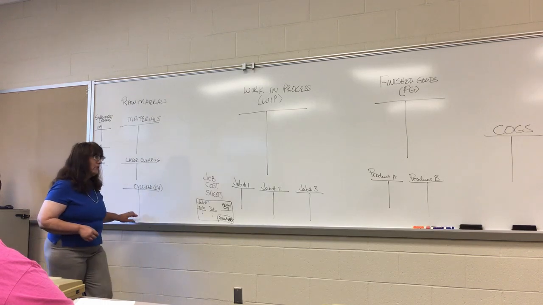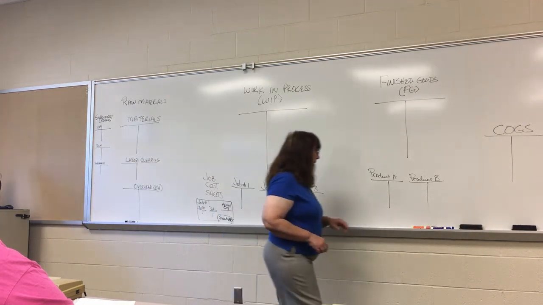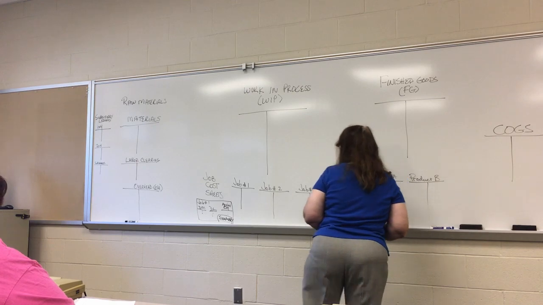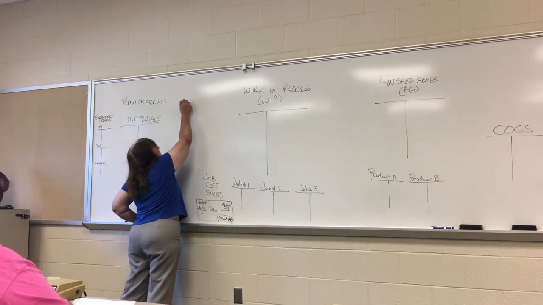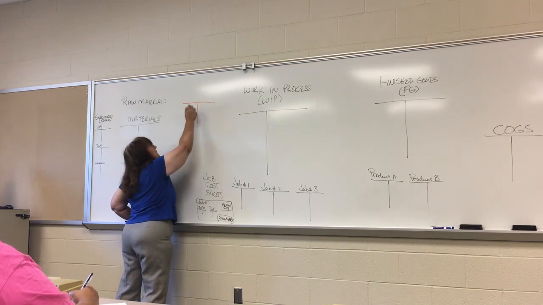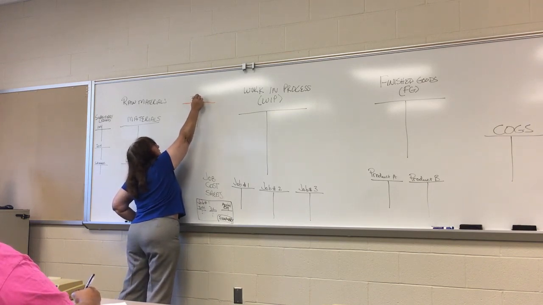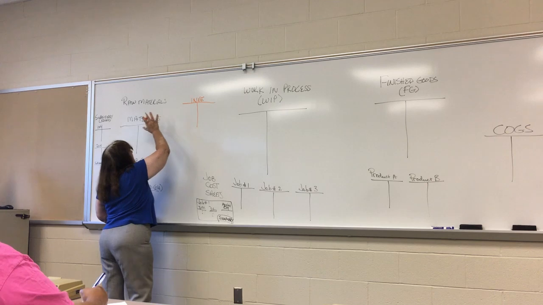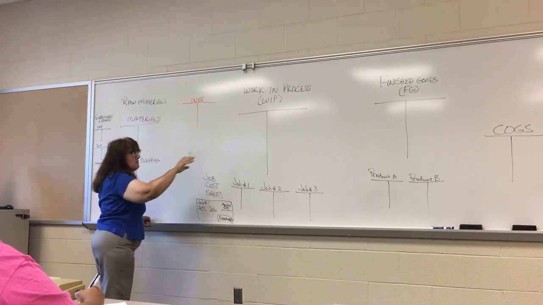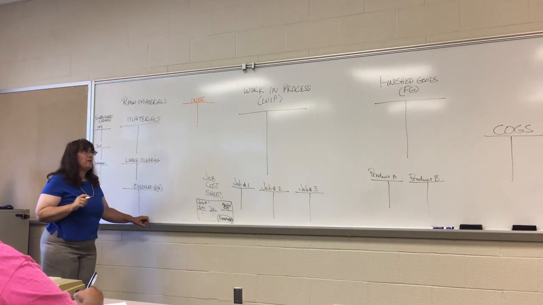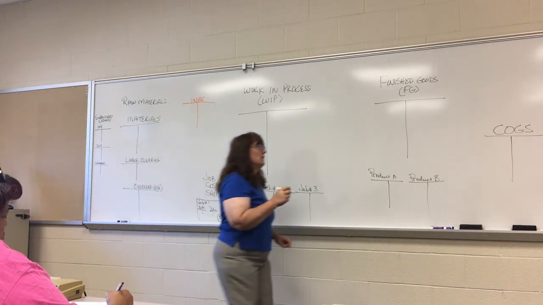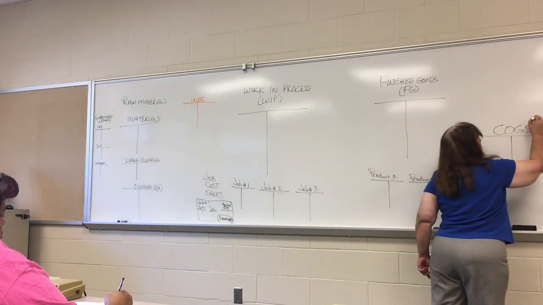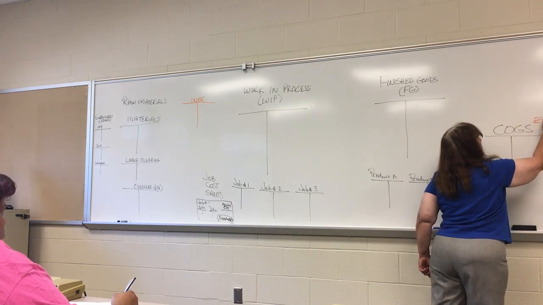Okay, so let's talk about going through these. These are all other than cost of goods sold. That's the only account that's not an inventory account. This is an expense account.